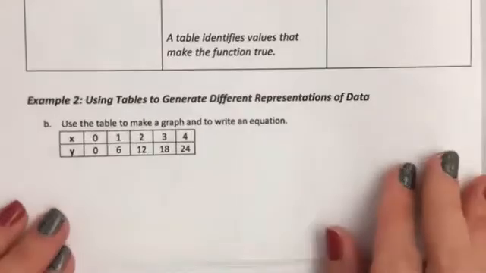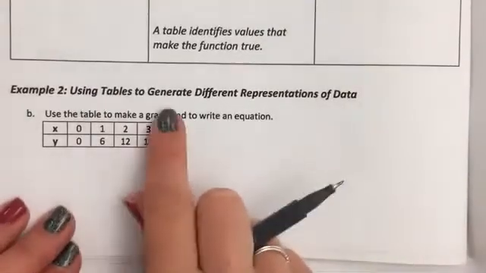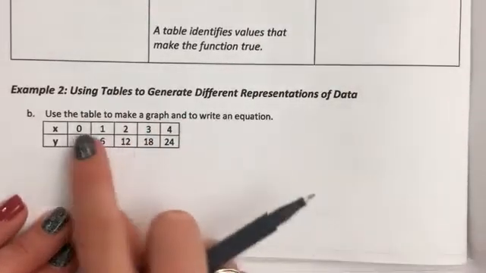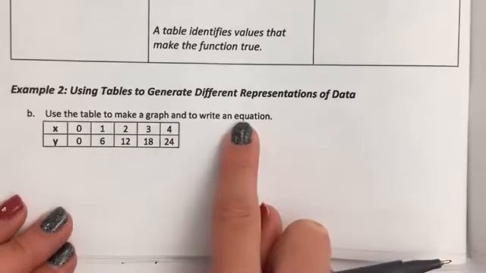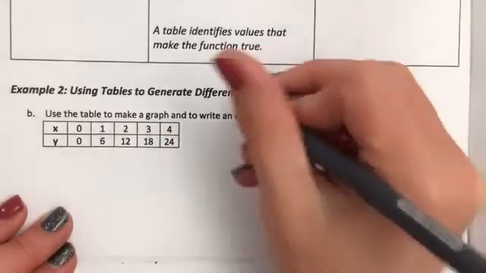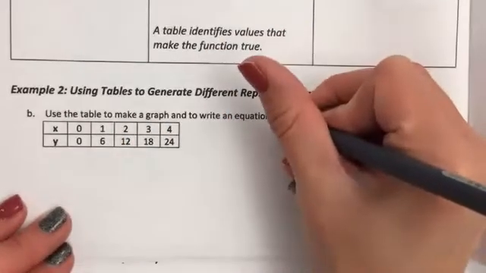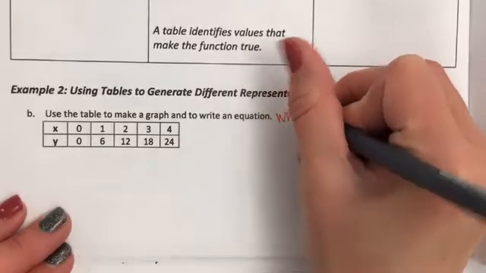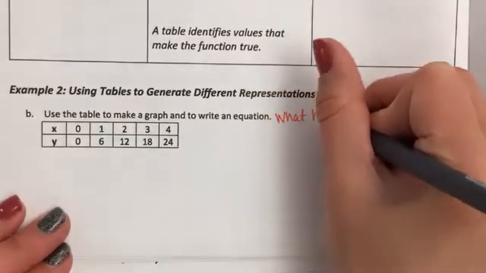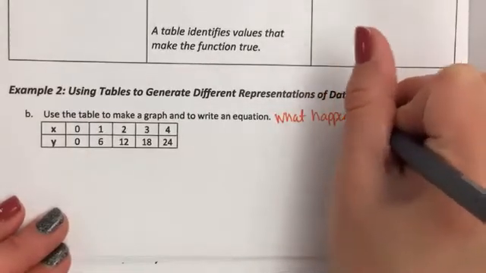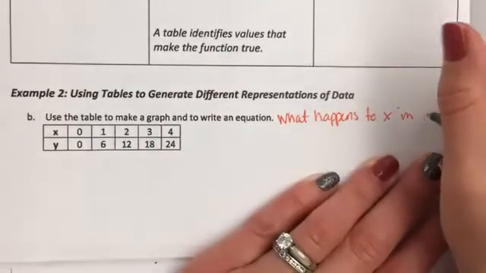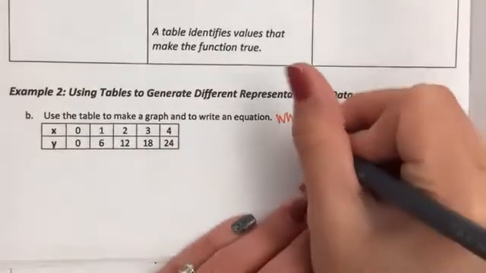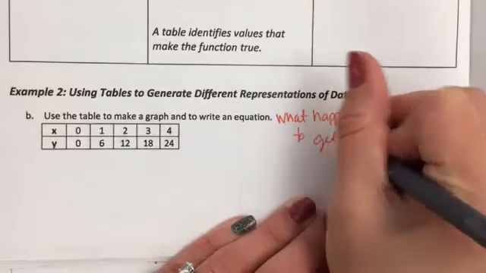So in this section here, it says use tables to generate different representations of data. So I want you guys to take the information off of here and to write an equation. And so one thing that I always ask myself is, what happens to x in order to get y?